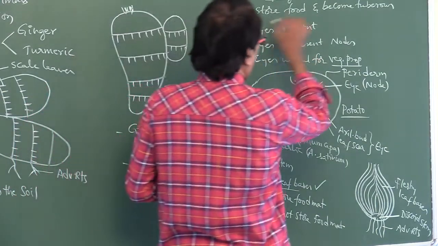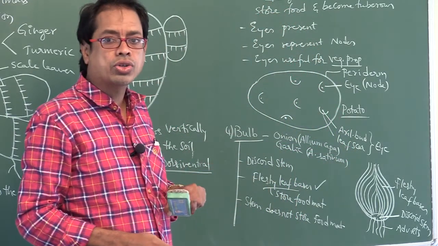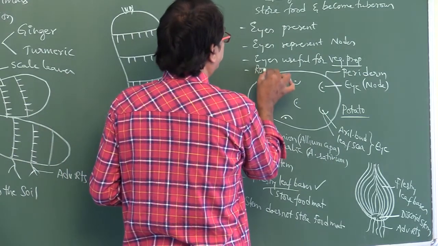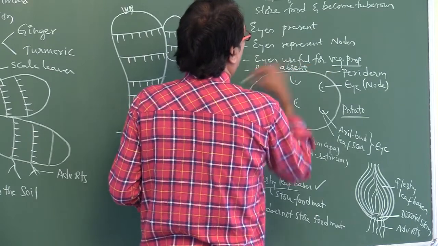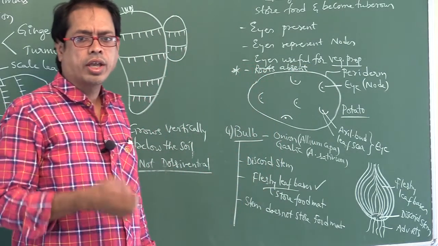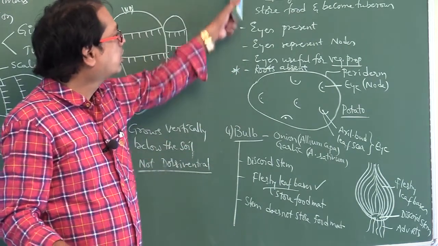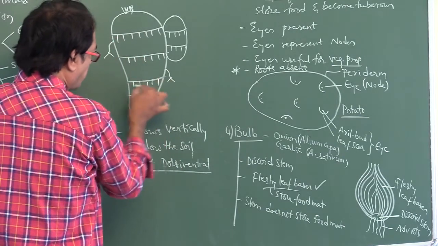Here, the underground stem modification in which roots are absent. Here also adventitious roots are present.